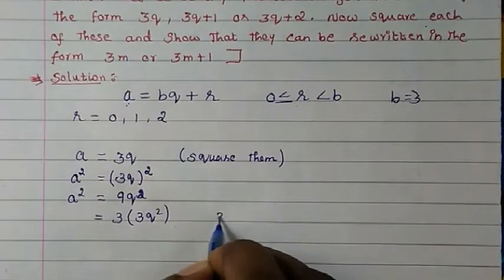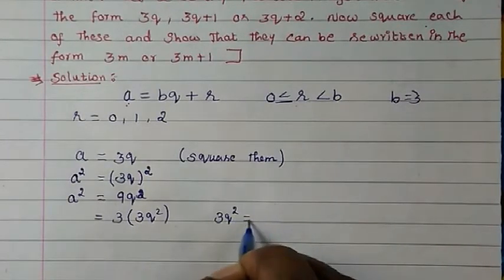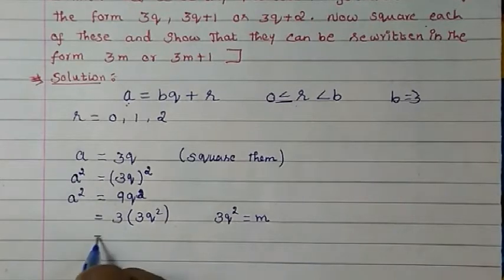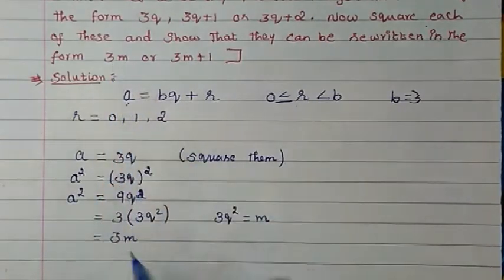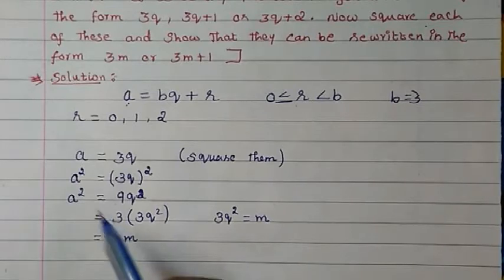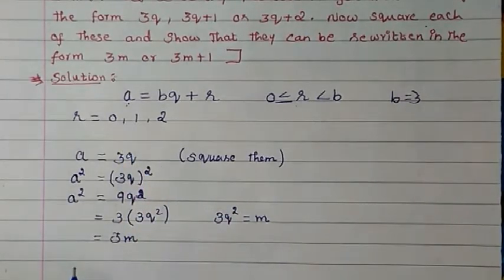So if we consider 3q square as m, we will get 3m. So we have got the 3m form, we have rewritten it. The same way we have to try the next one.